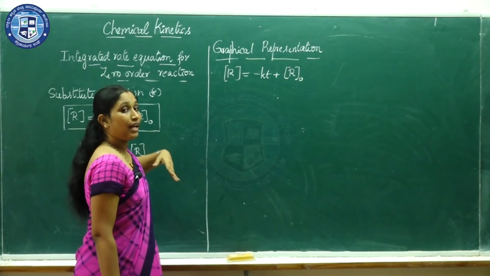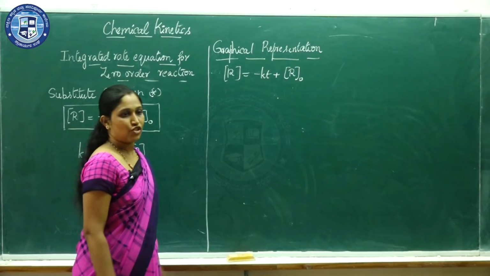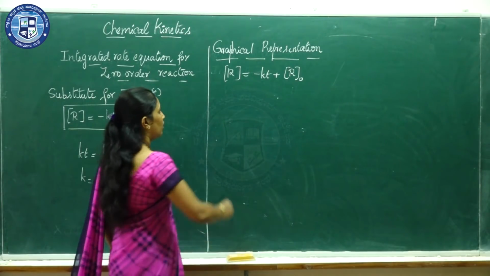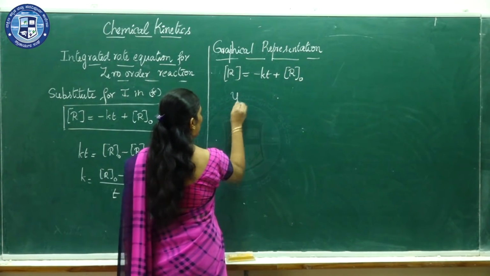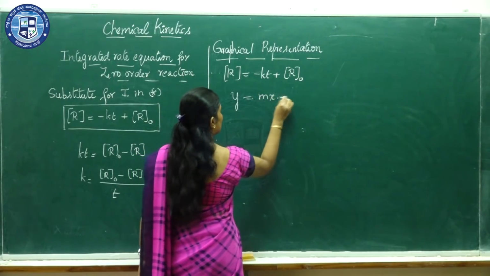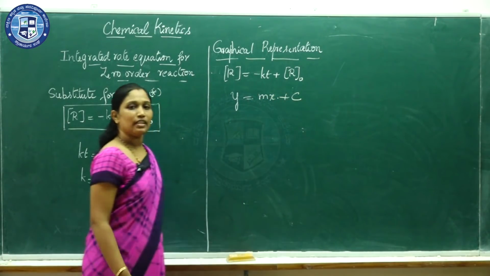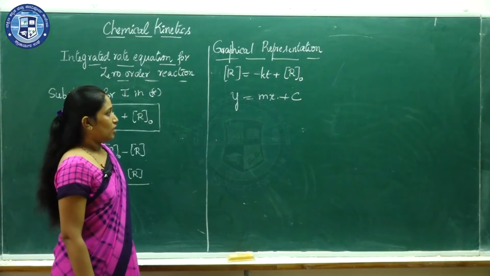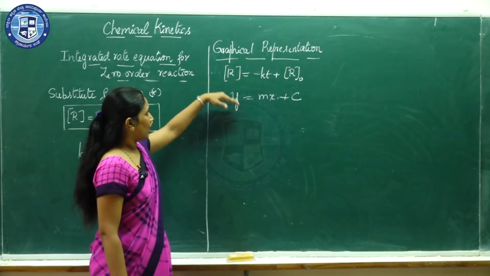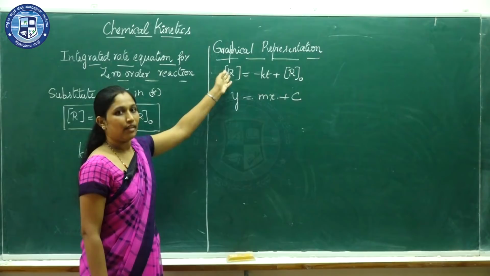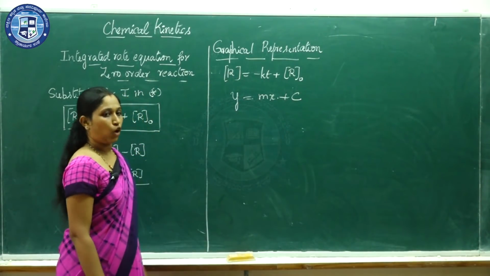So you can compare this with the equation of straight line which you might have studied, that is y is equal to mx plus c. You can easily compare it with this. Okay, so as you can see from here, if you compare this and this, you will be able to get x as well as y coordinates.